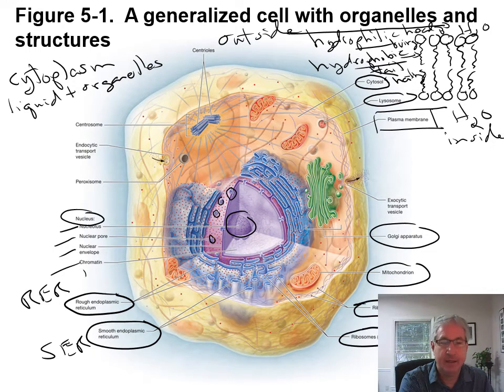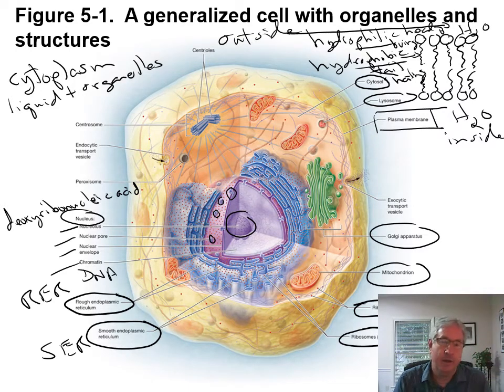Chromatin is DNA, or deoxyribonucleic acid. Make that an E. There we go. That's DNA. Okay, so inside the nucleus, you have a nuclear envelope around it, some pores, some little holes all around the outside.